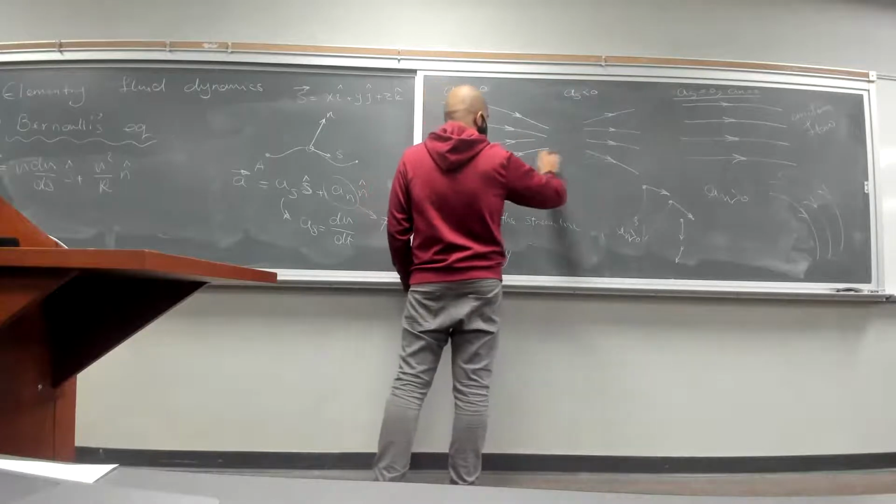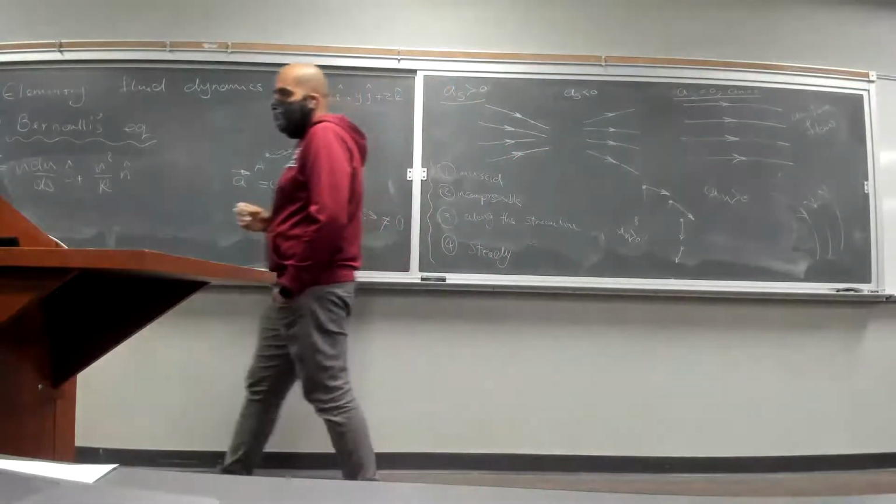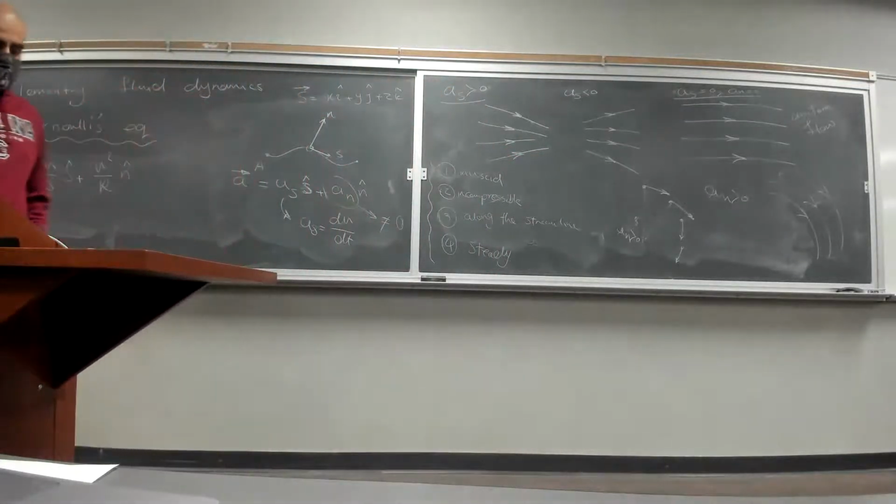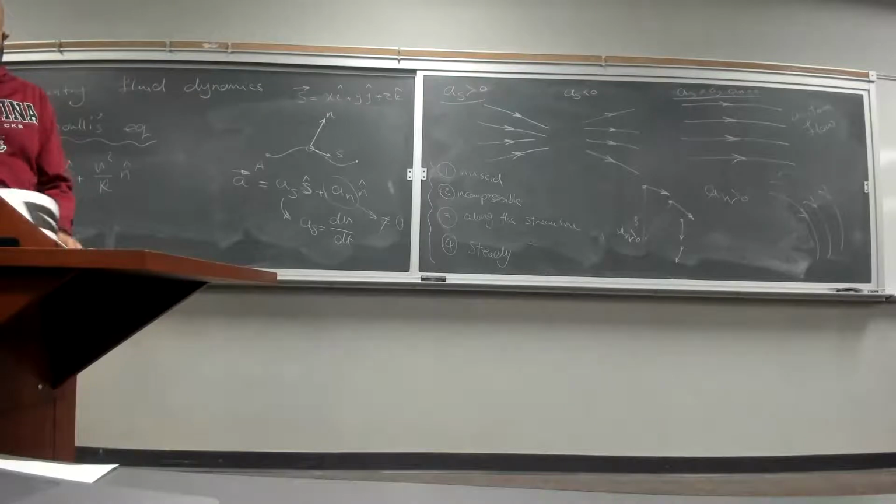So for all of these cases, a of n is 0, because these are straight lines. They're just getting closer to each other because the velocity is increasing. And we're going to see what will happen to pressure in that case. Any questions so far?